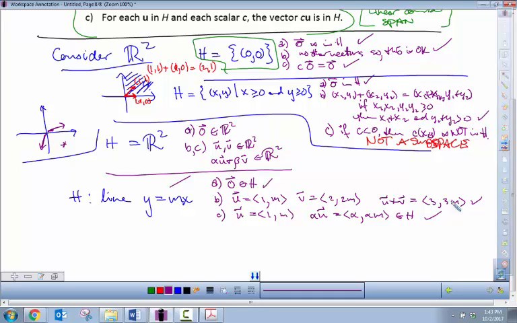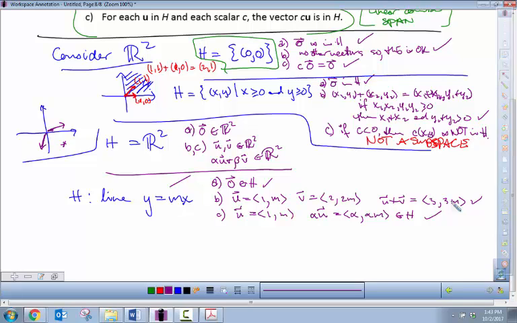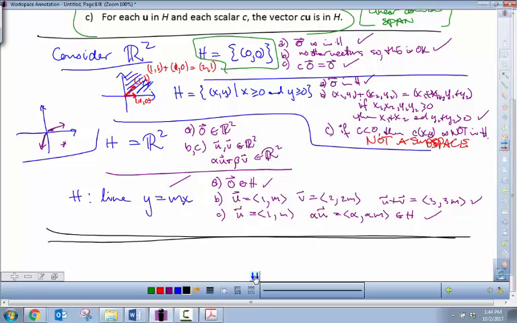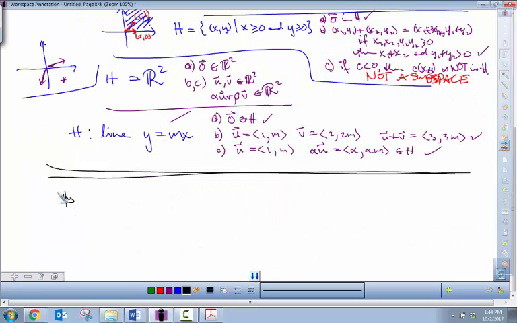Okay? Now, in R3, it's almost the same. And without going through the examples in detail, subspaces are just the origin, so the 0 vector, so that would be 0, 0, 0.